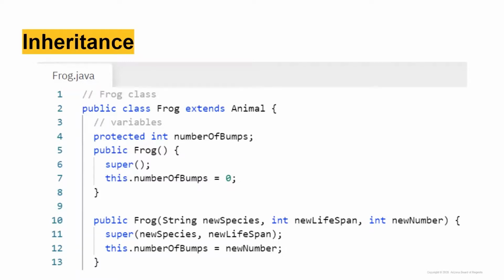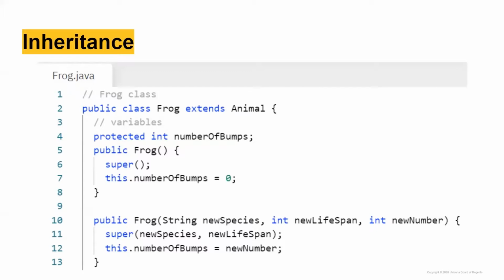The really useful thing about this is that we don't have to instantiate anything from the parent class if we use super. All we have to do is initialize the variables that are exclusive to the frog class that aren't in the animal class. In this case, that's just the number of bumps. So we're going to say this dot number of bumps equals 0. Again, this is not necessary. I just like to be consistent.